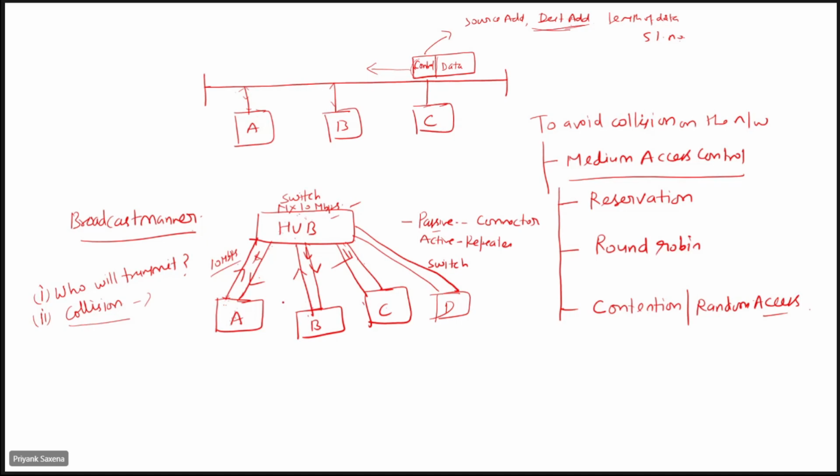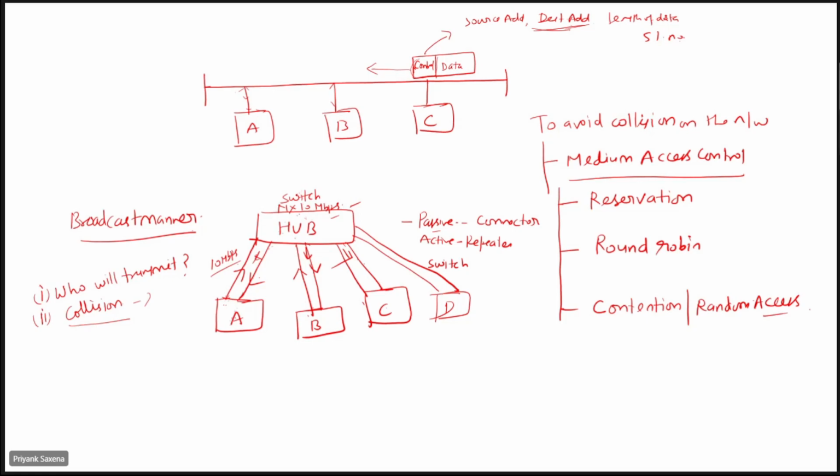Suppose A is transmitting to B at 10 Mbps, and similarly at the same time C can transmit to D, and E can transmit to F. So at a time n stations can transmit at a data rate of 10 Mbps. That is how the throughput is increased by n times when we replace this hub with a switch.